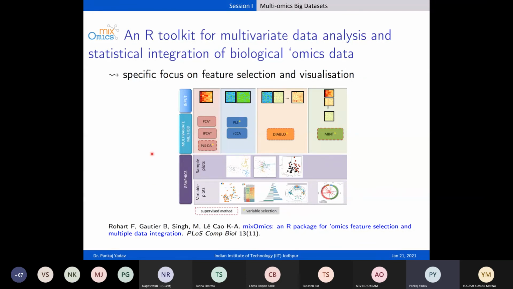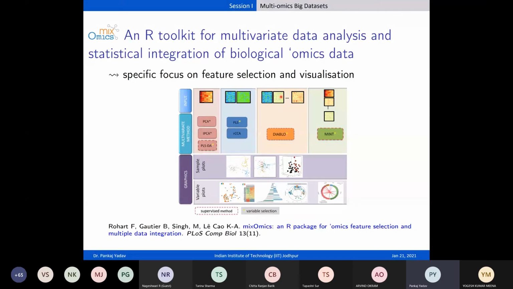Under this tool, you will find different options, depending on what kind of input you have. For example, if you have single-level data, you can perform PCA, IPCA or PLS. If you have 2 layers of data, you can perform PLS or rCCA and so on.